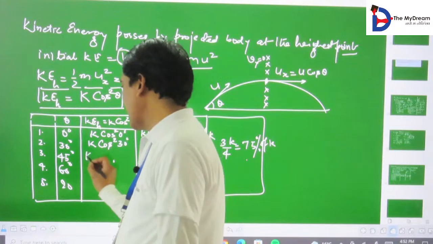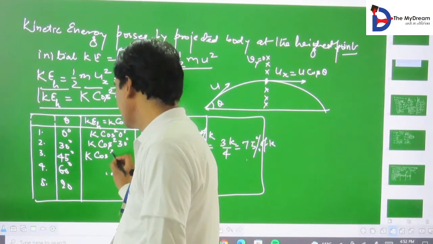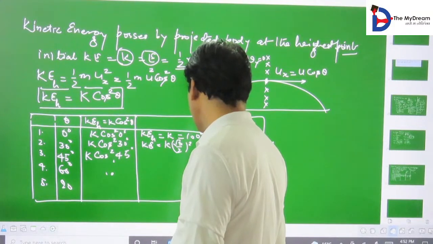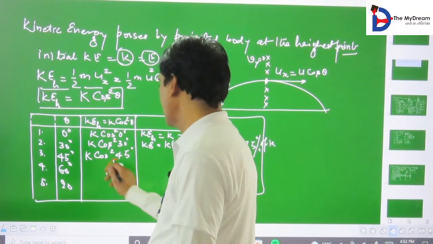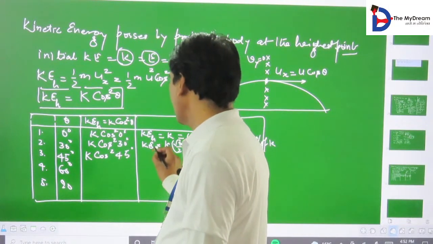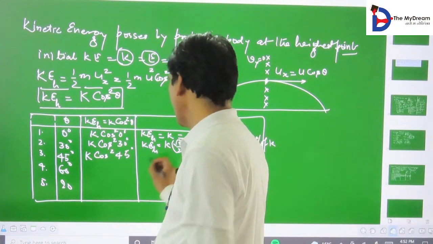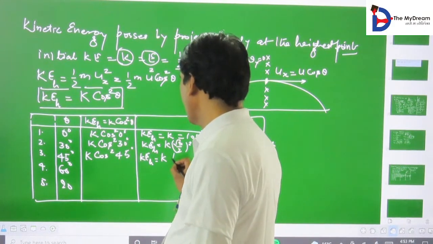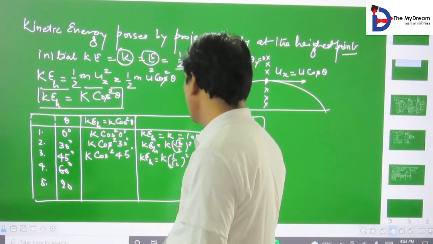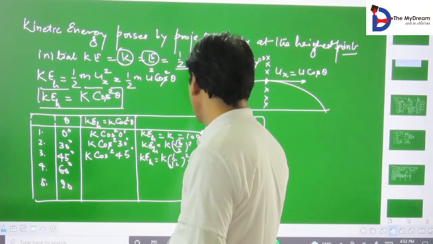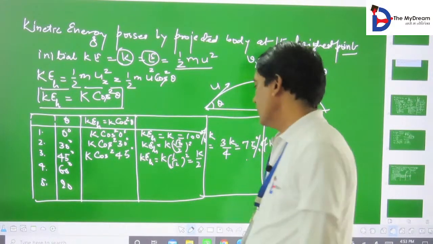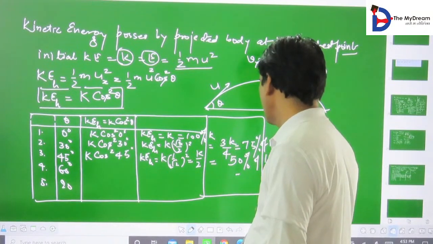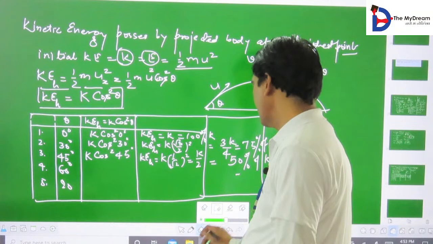So kinetic energy at the angle of 45 degree: cos 45 is 1 upon root 2, so it will become K by 2, which means 50% of initial.